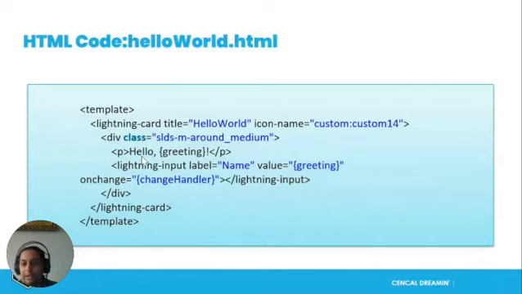Here's a very simple Lightning Web component that displays hello with some text. For example, here we need to start with template. After that, we use lightning-card with a title, and I give a title. After that, I can put an icon name. If I'm an HTML developer or a web developer generally, I know some words like div, like p, that means a paragraph, and this is only HTML.